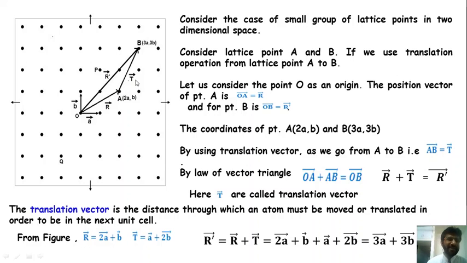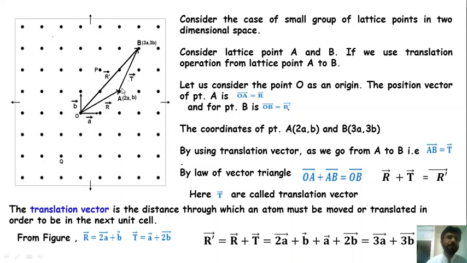Therefore, the translation vector is the distance through which an atom must be moved or translated in order to be in the next unit cell. That means in this diagram, we can translate the point from A to B through this translation vector T, and hence T is known as the translation vector.